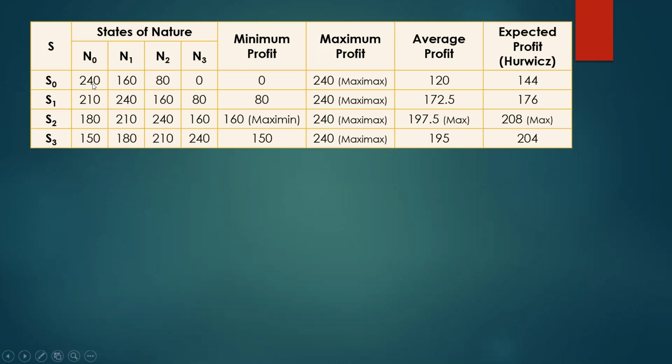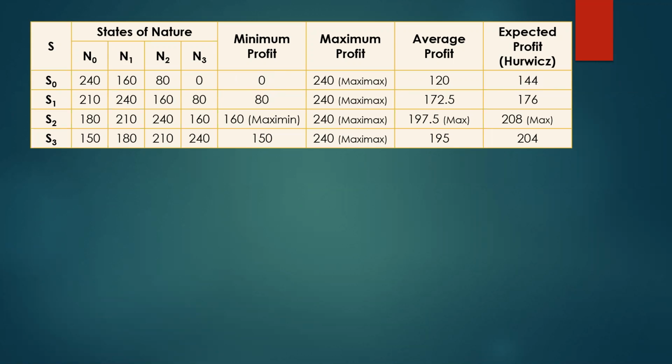You have to take the maximum profit or payoff from here, multiply that by alpha, that is 0.6, plus 1 minus alpha, that is 0.4, multiplied by the minimum profit. So in the first case, it will be 240 multiplied by 0.6 plus 0.4 multiplied by the minimum profit, which is 0. And it gives you 144.